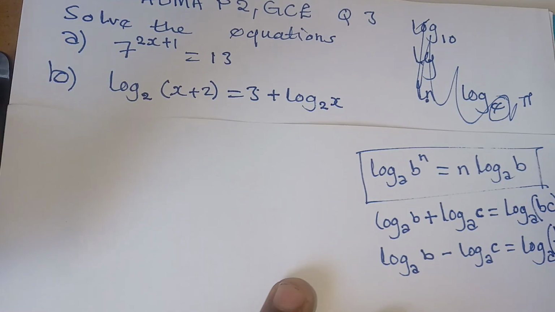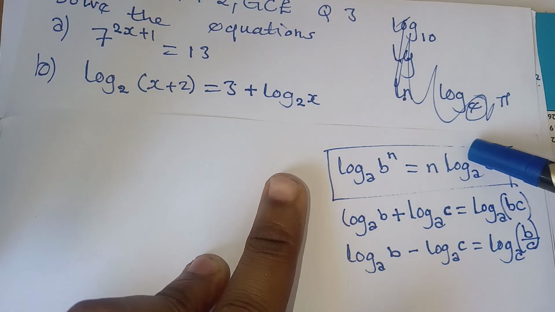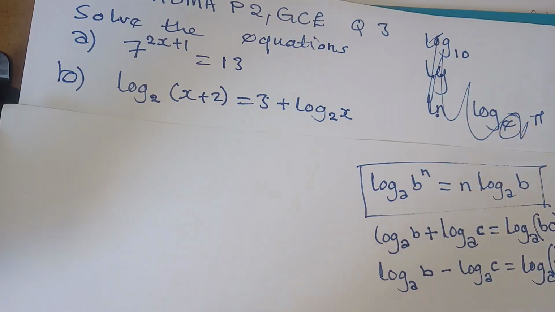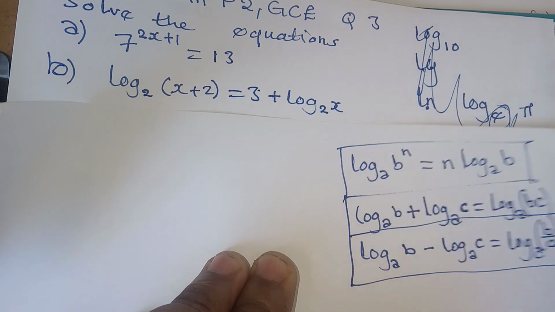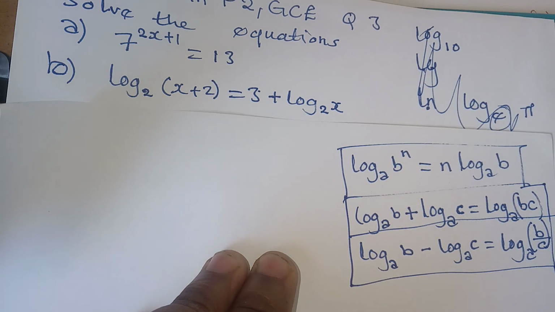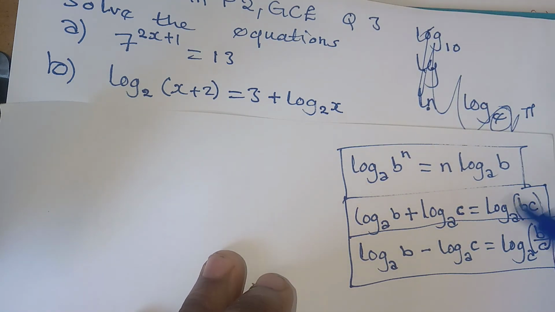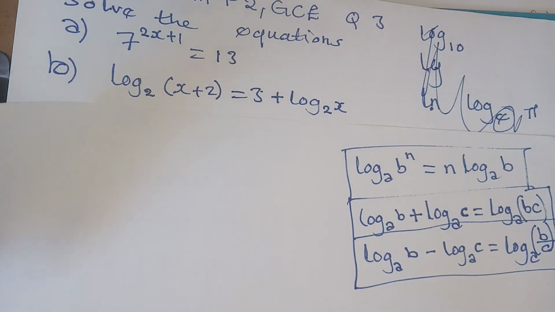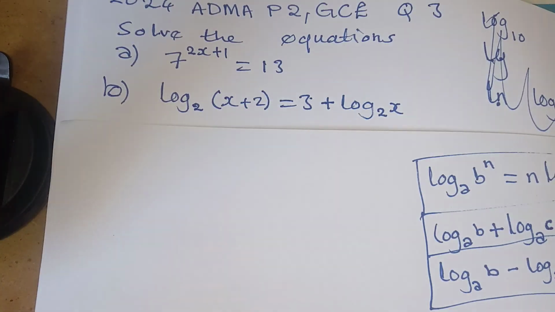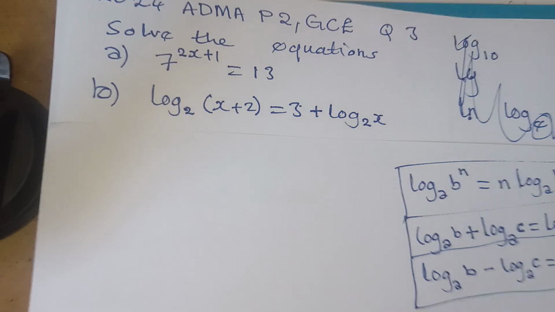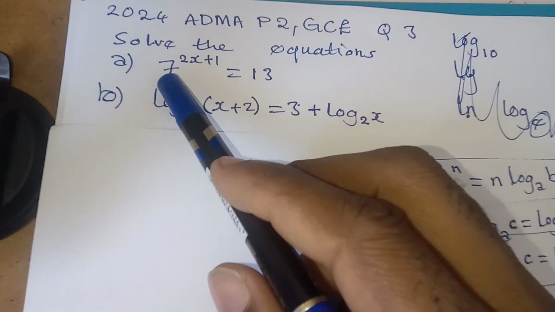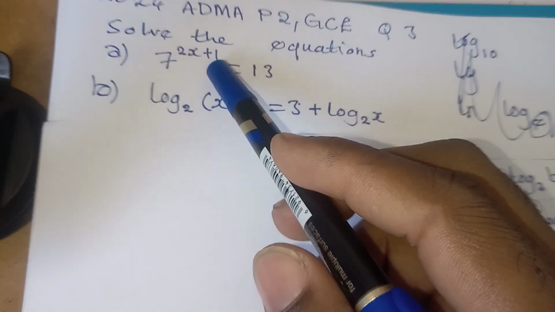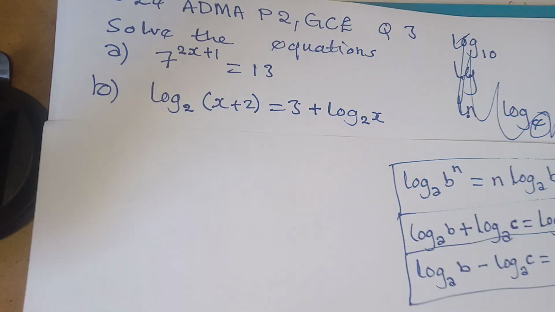On my left hand side are the three rules required to solve any question which has logs. On this one here we have 7 raised to the power 2x plus 1, which is equal to 13.